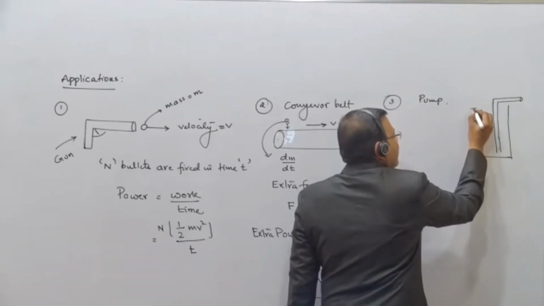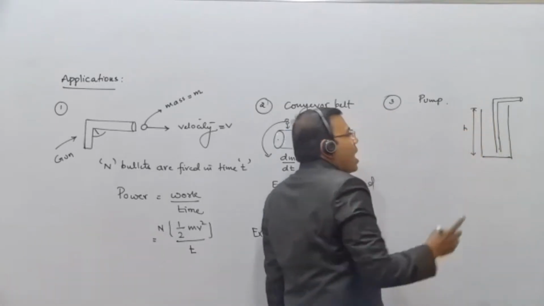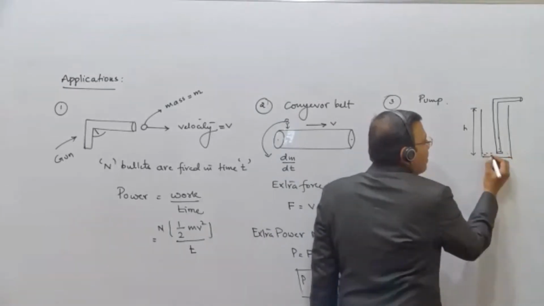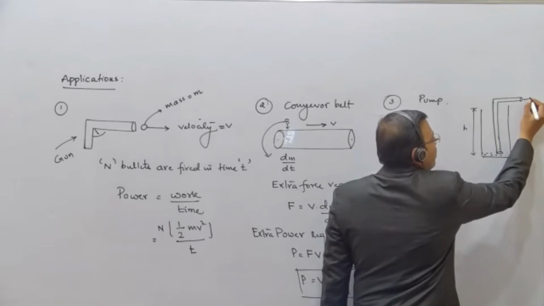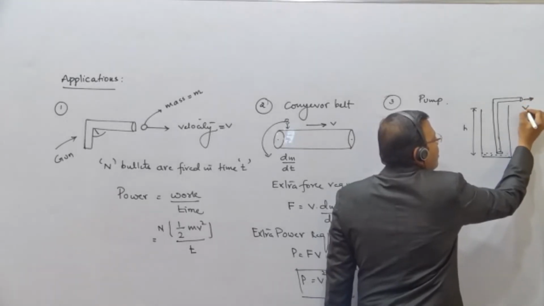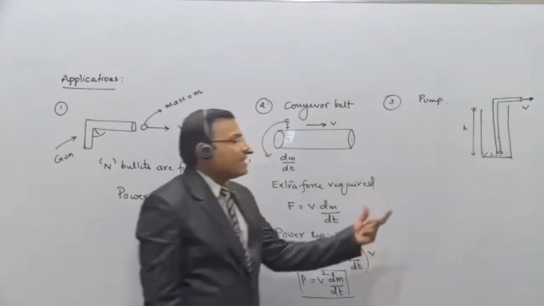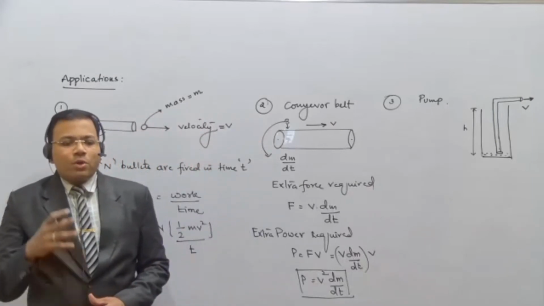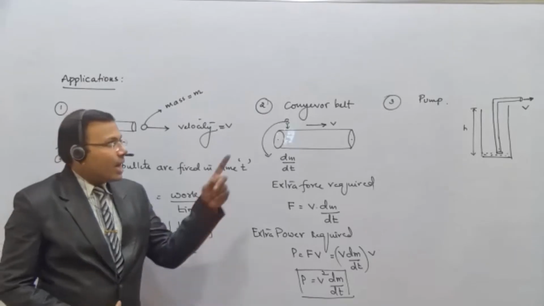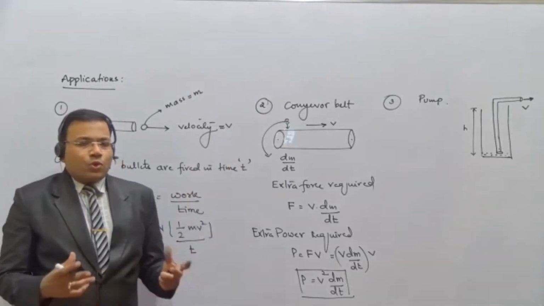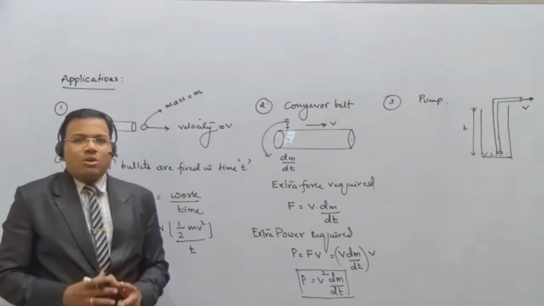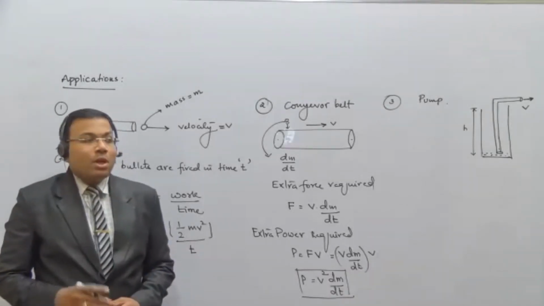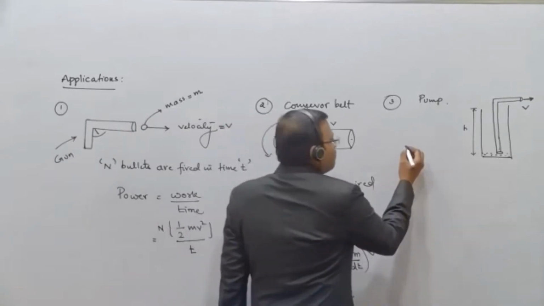Suppose the depth of this well I take as h, and after taking the water from this well, this pump is throwing this water with velocity v. Now under this situation, if you want to calculate the power of that pump, how are you going to calculate it? The basic definition of power is the rate of doing work.